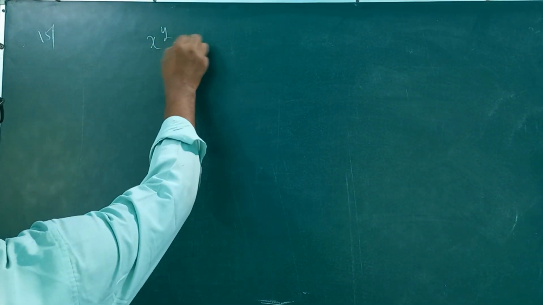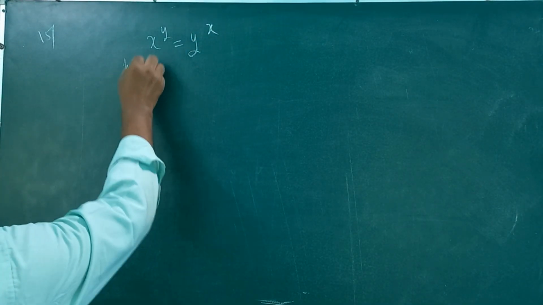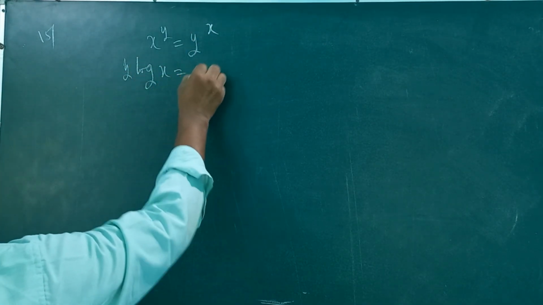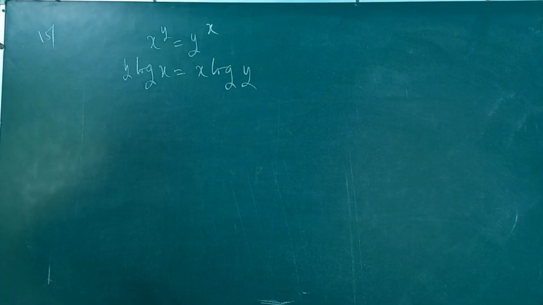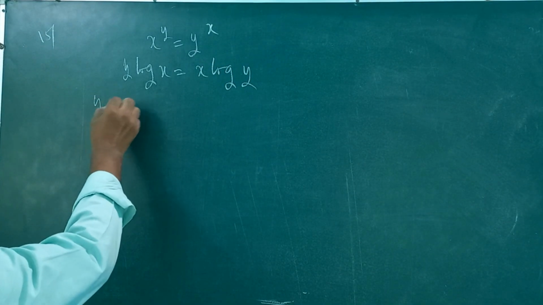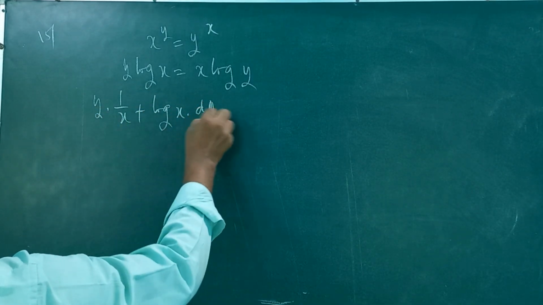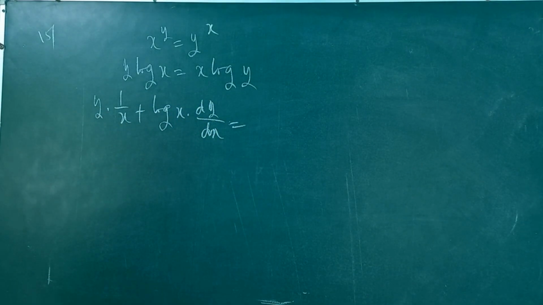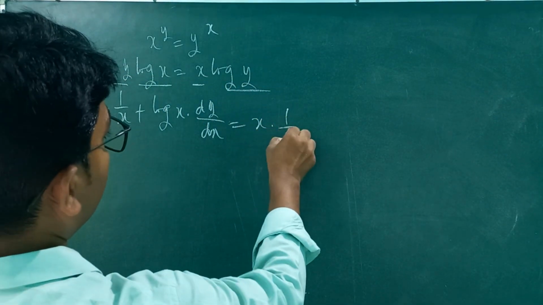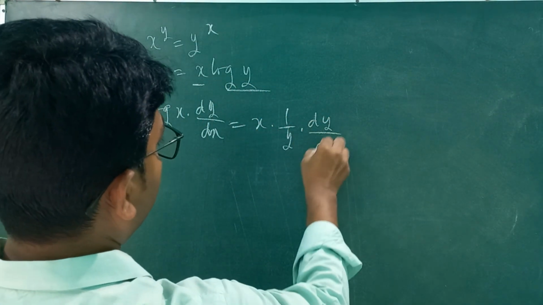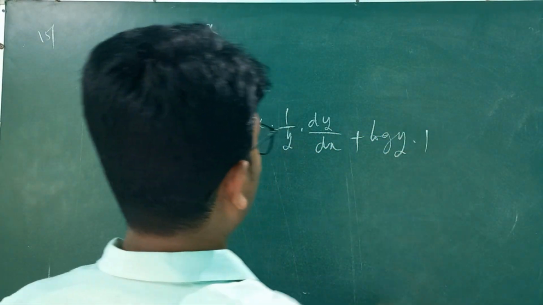Suppose x to the power y equals y to the power x. Take log on both sides: y log x equals x log y. Now take the derivative: y times 1 by x plus log x dy by dx, using the uv rule here, and here also the uv rule: x times 1 by y dy by dx plus log y into 1.